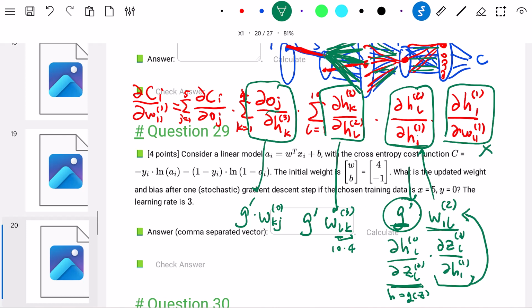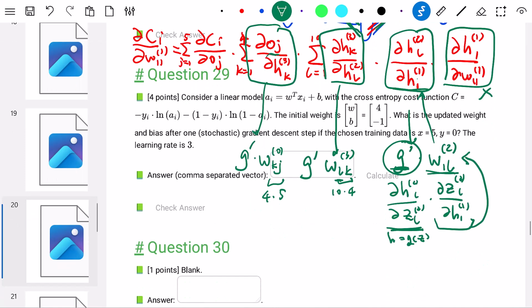So how many of these things are there? If we count the k's, there are 4 of them, and if we count the j's, there are 5 of them. So there are 20 in total. And I think I mentioned here, there's only 1, and L, there are 10 of them, so it's 1 times 10.